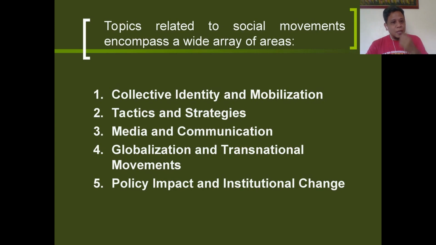And we also have the globalization and transnational movements, wherein the interconnectedness of movements across borders and continents, such as the Arab Spring or global environmental activism, and their impact on global politics and policies. And lastly, of course, the policy impact and the institutional change. These topics are all related to social movements. Okay? And analyzing how movements influence policy making processes, and lead to institutional reforms or legislative changes.